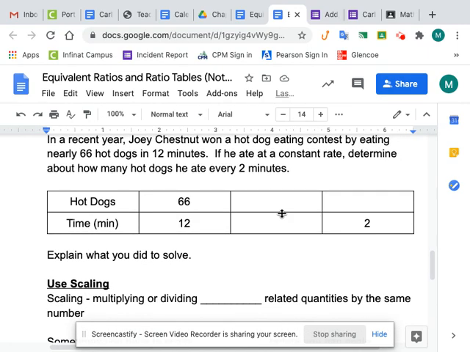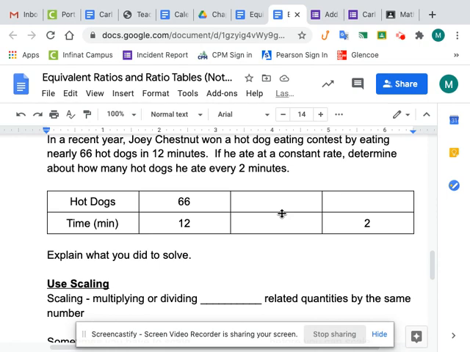In a recent year, Joey Chestnut won a hot dog eating contest by eating nearly 66 hot dogs in 12 minutes. If he ate at a constant rate, determine how many hot dogs he ate every 2 minutes. For this one, you have a column that's missing, and then the 2 is at the very end.